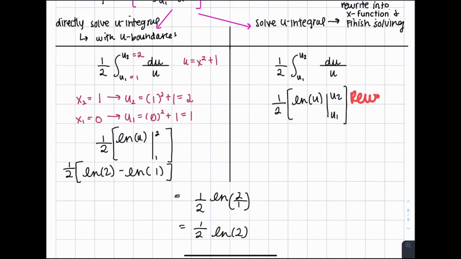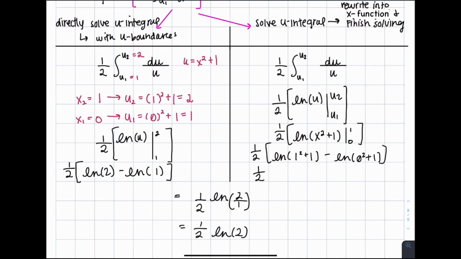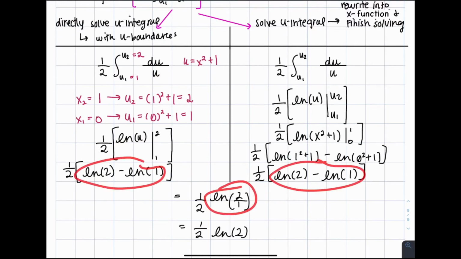This is the point of the process where we will rewrite in x terms, and we will evaluate with our given x boundaries. And when you look at that, both strategies in solving u-sub look exactly the same.